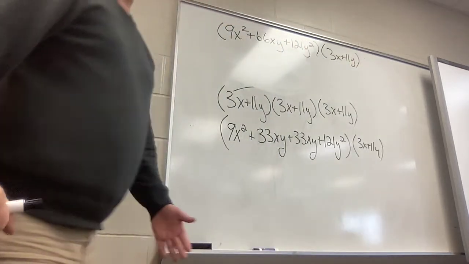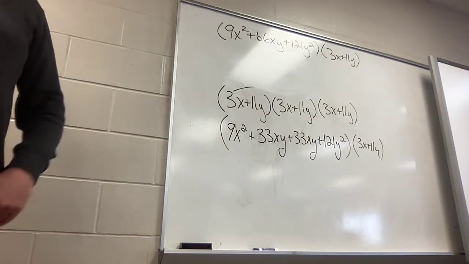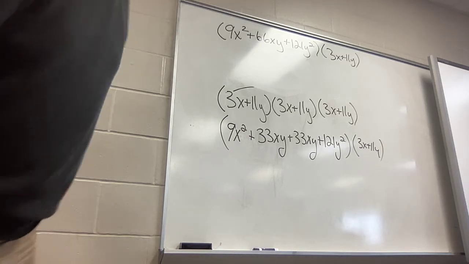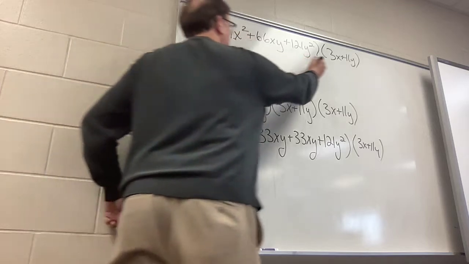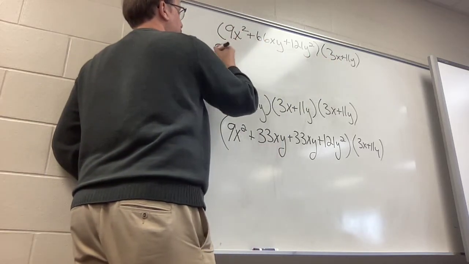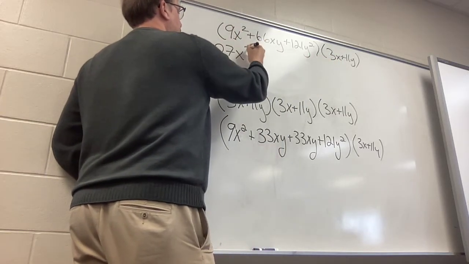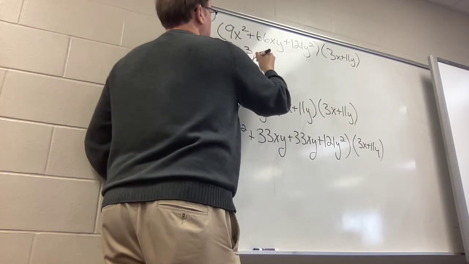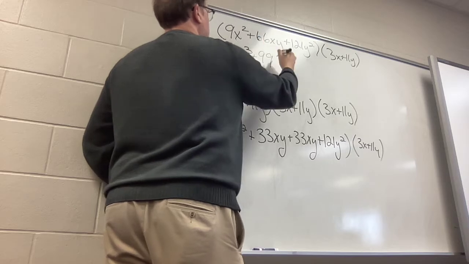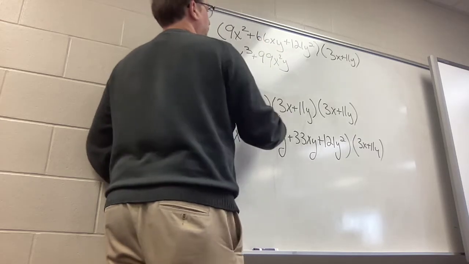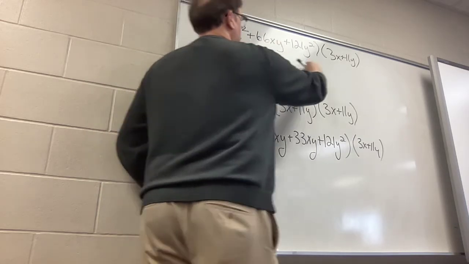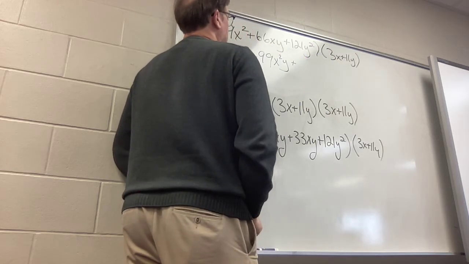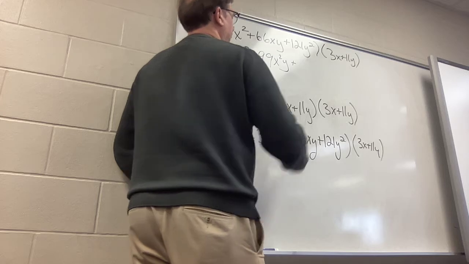And now finally and carefully, your patient friend, am I running out of time? No, your patient friend will multiply the first times the first, 27x cubed. Now the first one times the one at the end, plus 99x squared y. Now your middle one, 66 times 3 is, I don't know, 198?